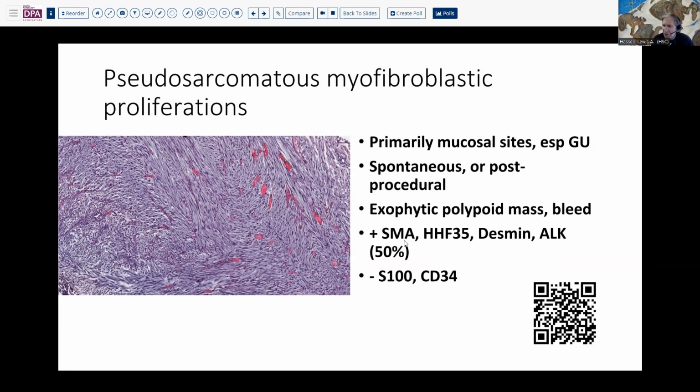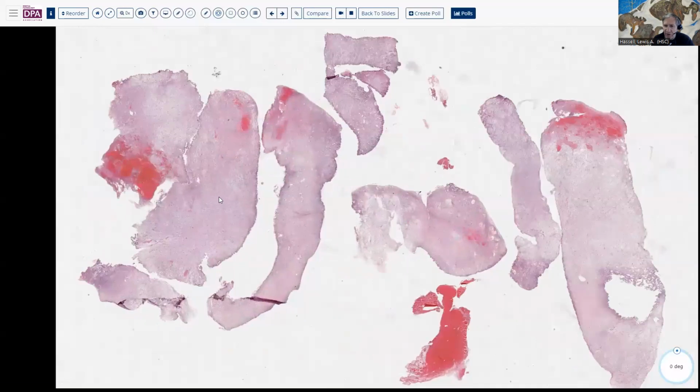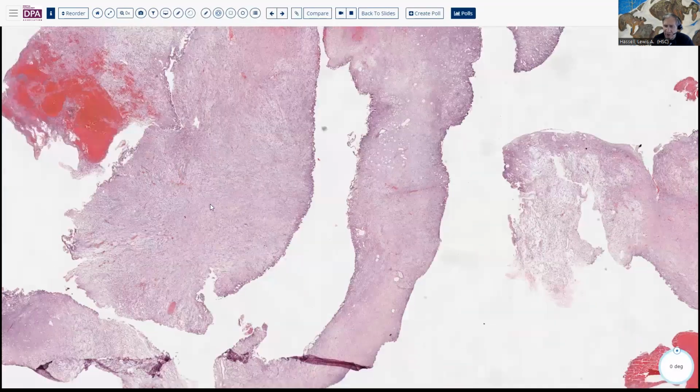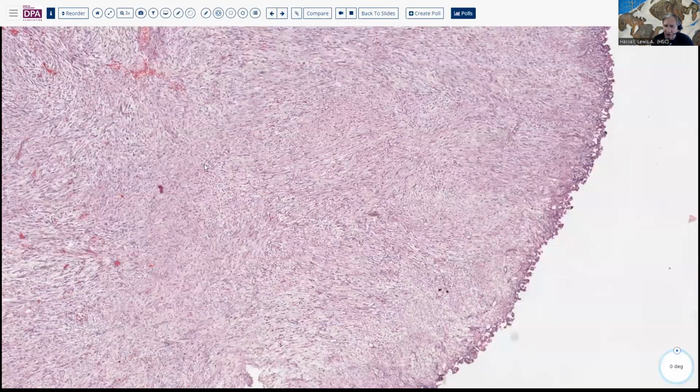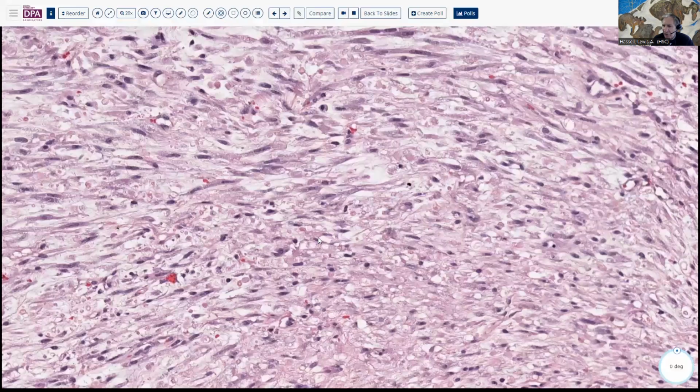Immunohistochemistry, not particularly specific, although negative S100, negative CD34 can be useful in excluding some of these other lesions. And as noted here, they will have some myofibroblastic markers. Here's an example of one of these lesions, this sort of piecemeal chipped out, occurring in that sort of a setting where postoperative proliferation was most likely.